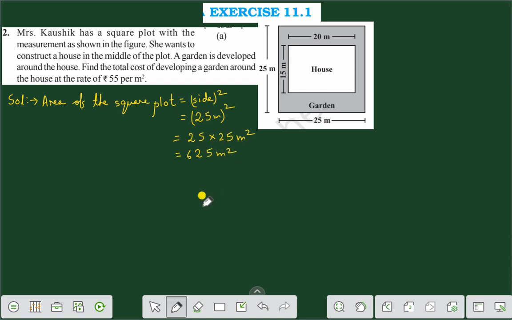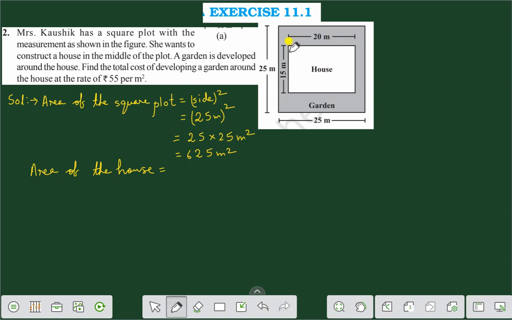Now we'll find the area of the house. Area of the house is equal to, it is a rectangle.